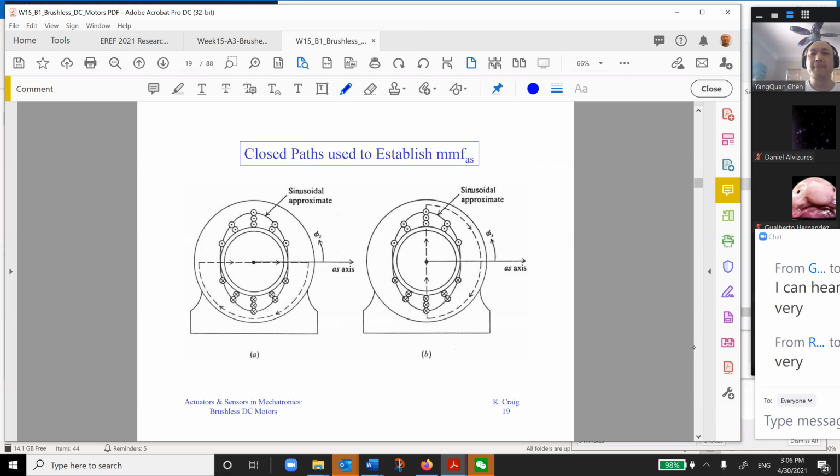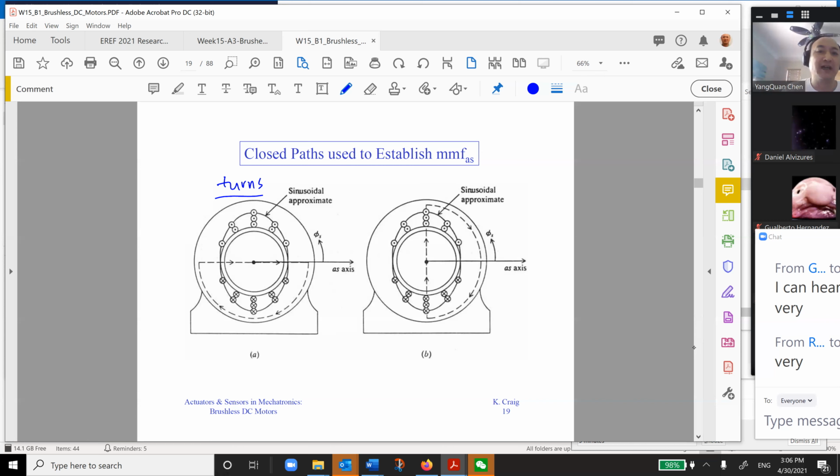This is a sinusoid approximation of the number of turns in the winding. You can imagine it will cost more money when you have this kind of variable number of turns for different positions. I don't see this one very often.